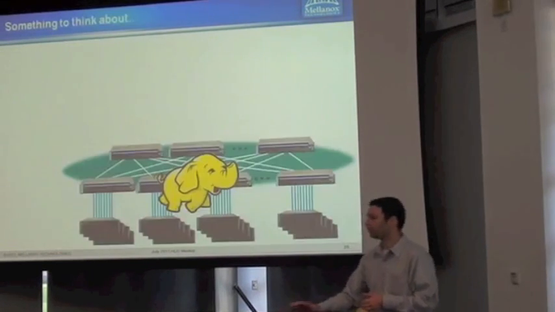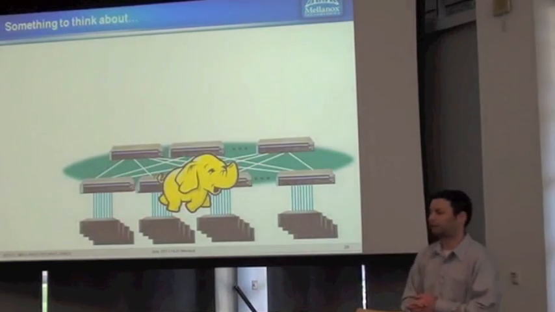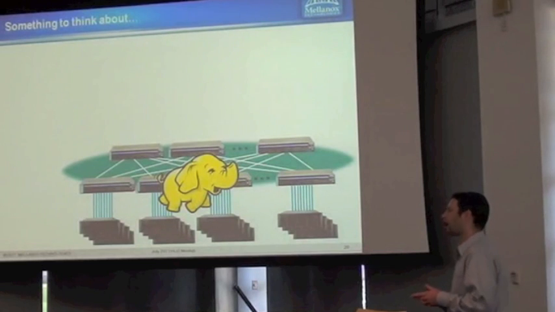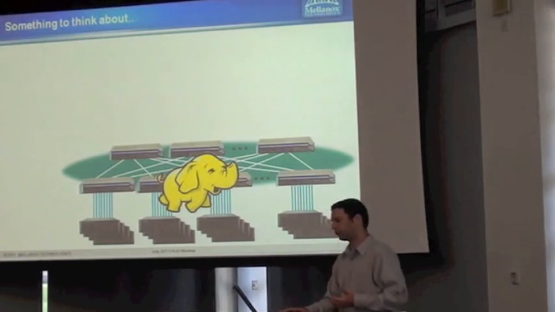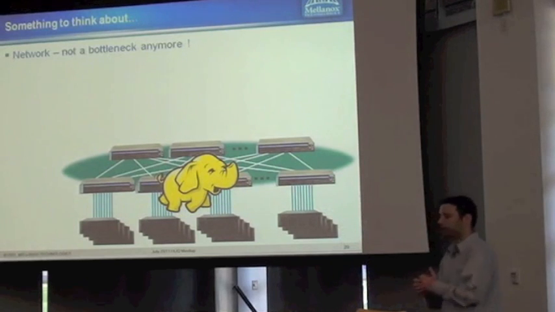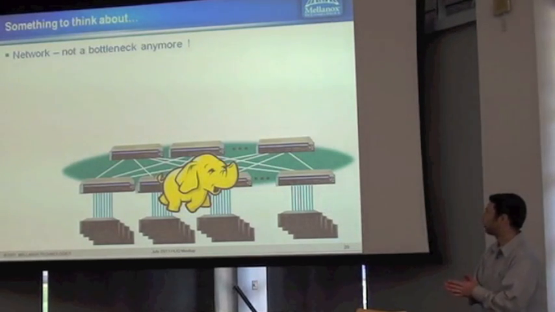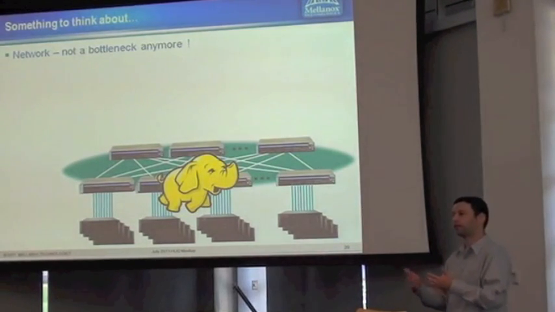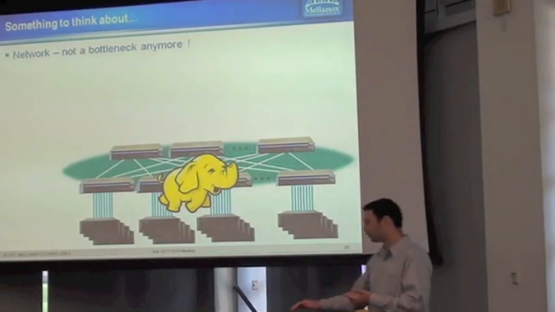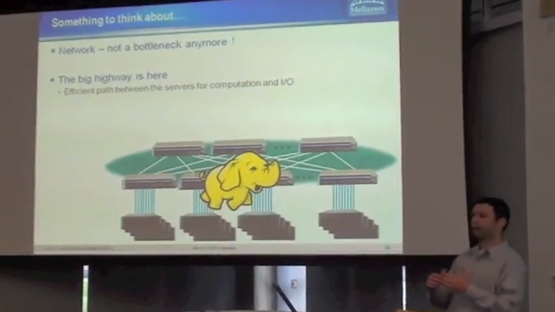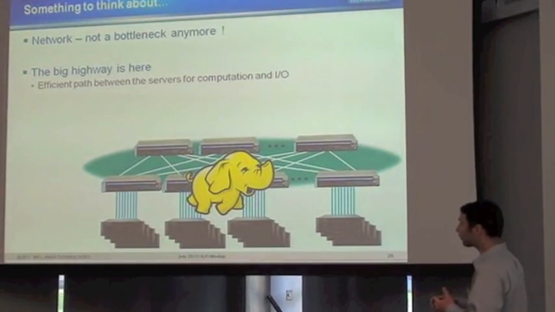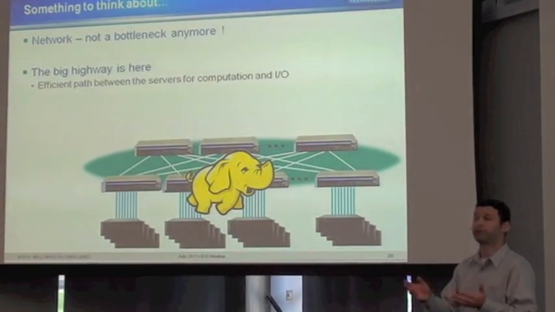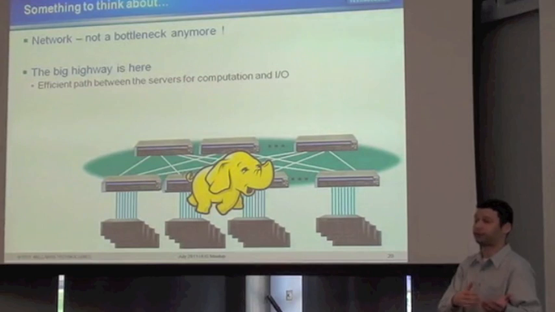And just before I go, something to think about. There's a new paradigm shift in the network. It's not a bottleneck anymore, and it has new characteristics. And this is all interesting because you have the full ability to go from one CPU to another. You can go very efficiently. You can match all the I/O speed from the server.